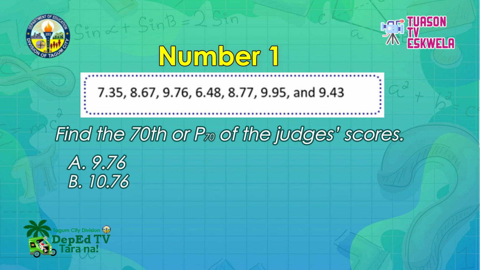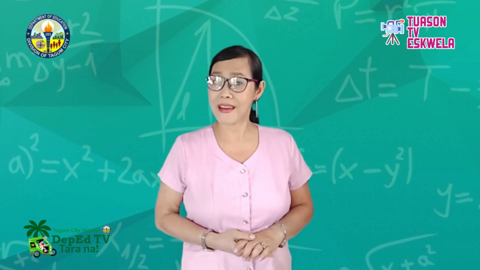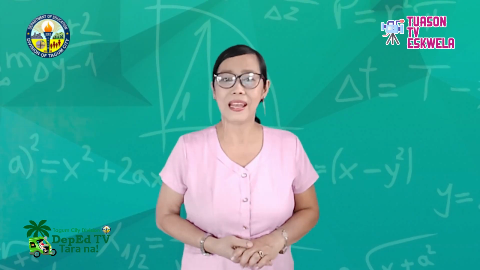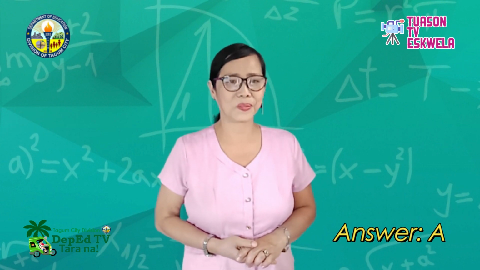Letter C, 5.76. And letter D, none of the above. Your 15 seconds starts now. Time is up. The correct answer is letter A, 9.76.